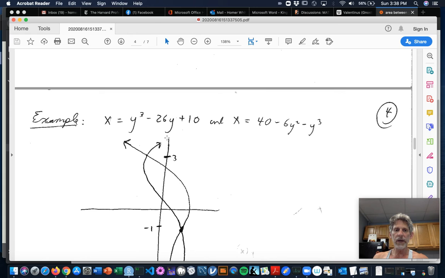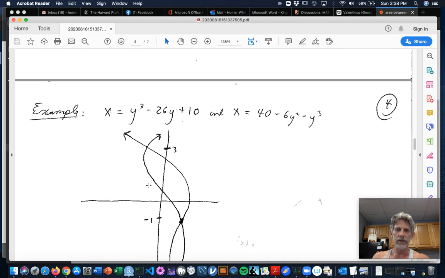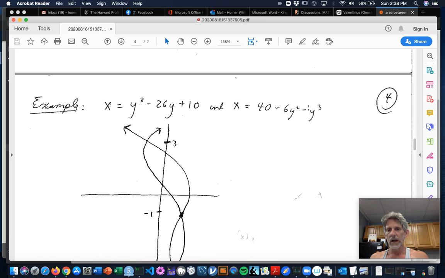So at big positive numbers, where I'm waving my mouse way high on the y-axis, I ought to see negative x's. My curve ought to be over in this quadrant here, where x is negative and y is positive. Another thing is that when y is a big negative number, then minus y cubed would be a big positive number, much bigger than any negative you would get out of this.